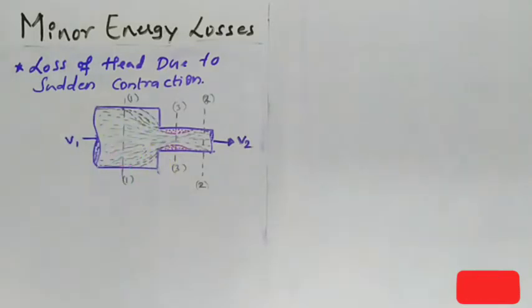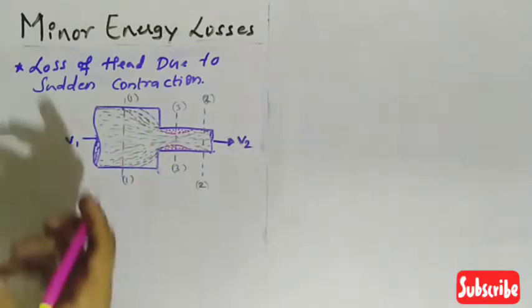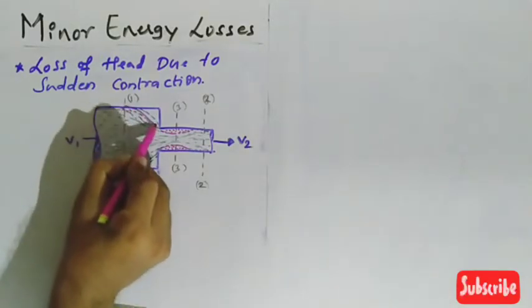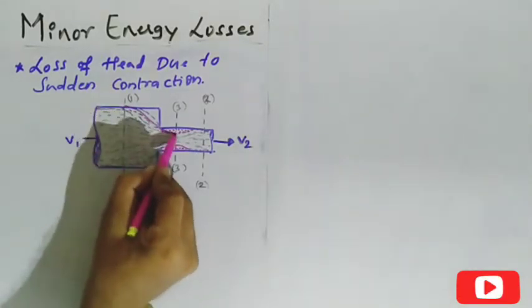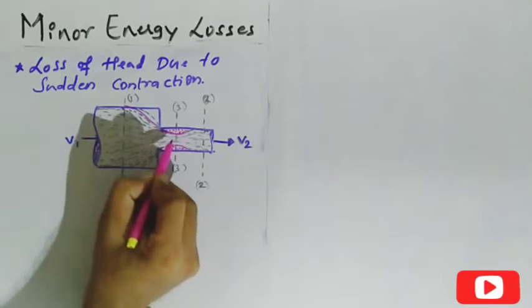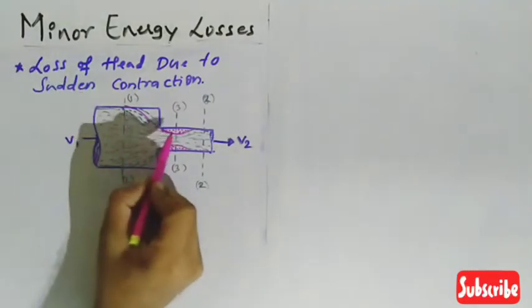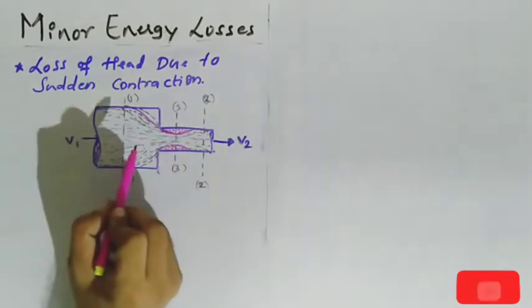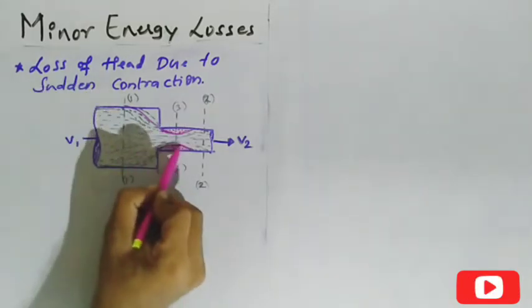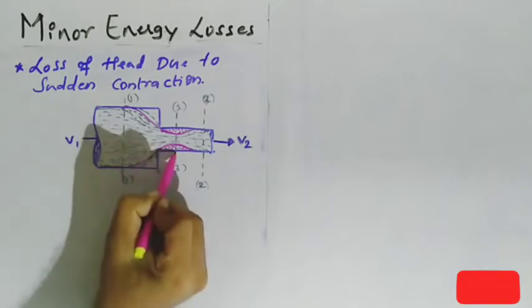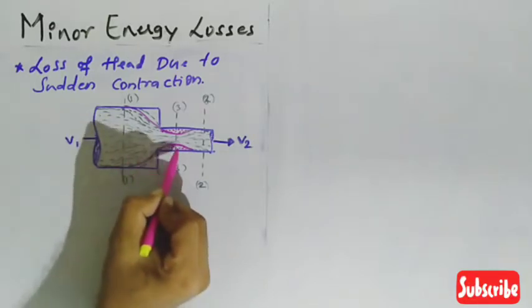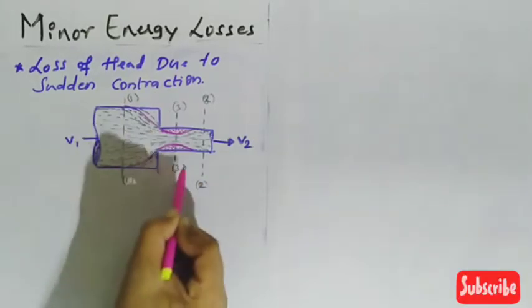Please note that it is the flow area, not the actual pipe area, which decreases at this section, section 3-3.